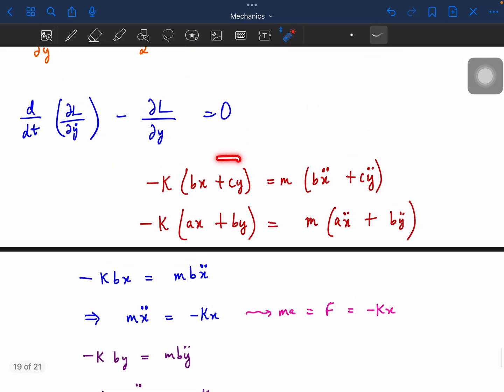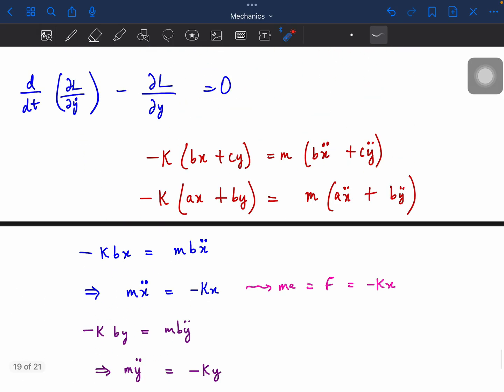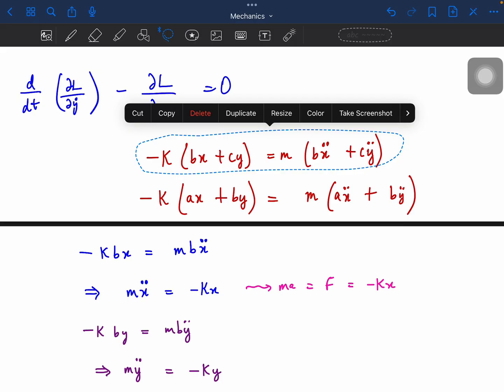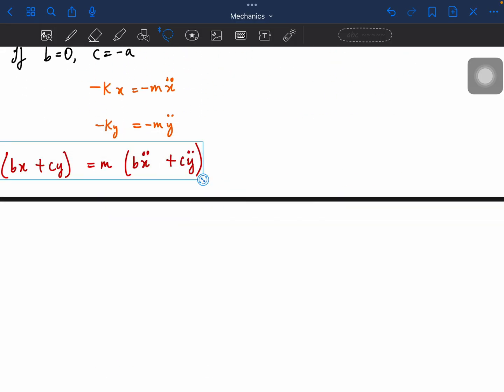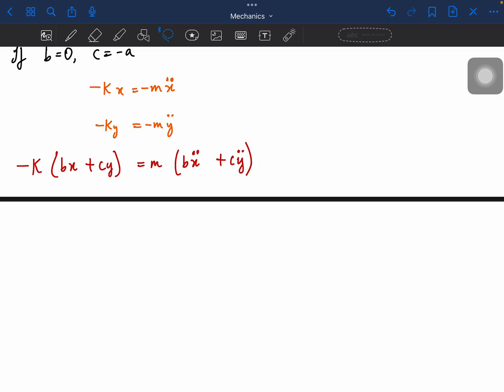Now, if you see this thing, this also represents a harmonic oscillator, but just in a different coordinate. For example, let me take this equation. In this equation, I'm just doing a coordinate transformation. I'm telling that bx plus cy is my new coordinate, I'm calling it v.